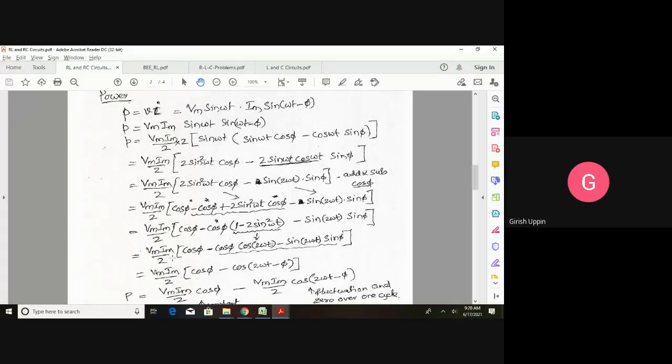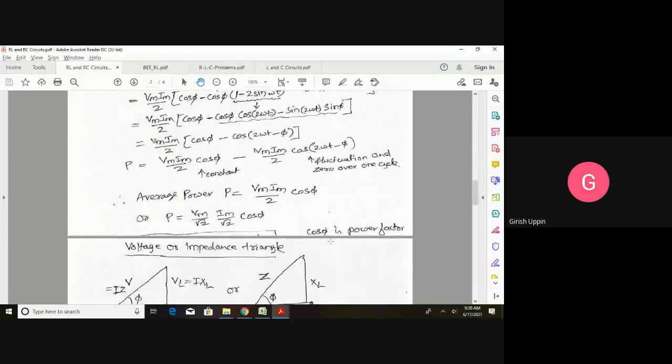Therefore, Vm Im by 2 is equal to, into a square bracket, cos phi as is, minus cos phi into cos 2 omega t, which is 1 minus 2 sin square omega t, minus as is sin 2 omega t into sin phi.